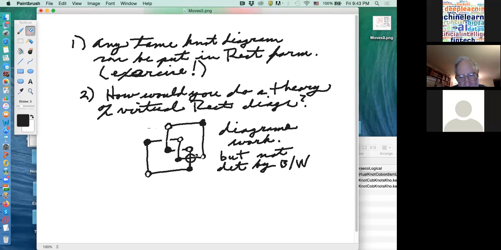All right, but then you see, nobody told you about the virtual crossing. How do you know? You have to just have it there, along with the black, white. So you didn't just give it in terms of the white permutation and the black permutation, some extra information having to do with the virtual crossings.